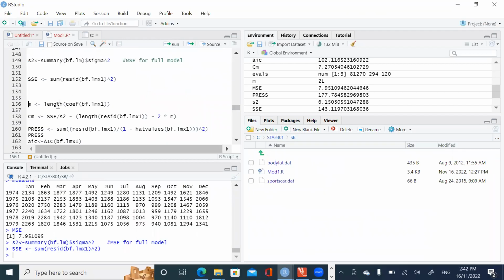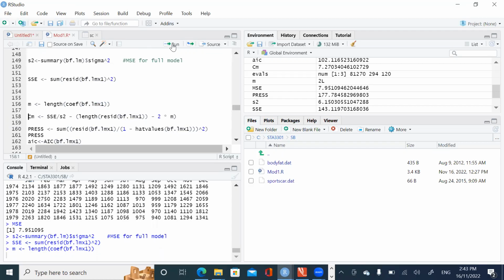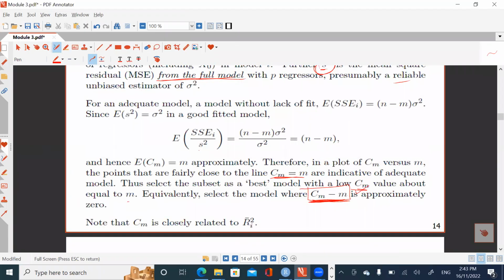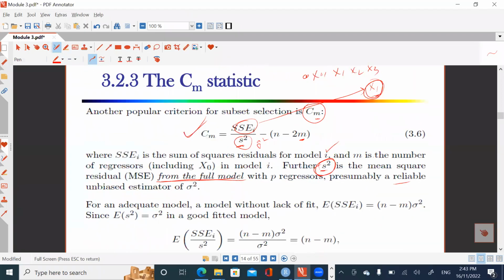And m is the number of parameters. For example, in that case, this is our model. If we take the coefficient length of that, we get the number of parameters in that model. And Cp by definition is SSE divided by s square.